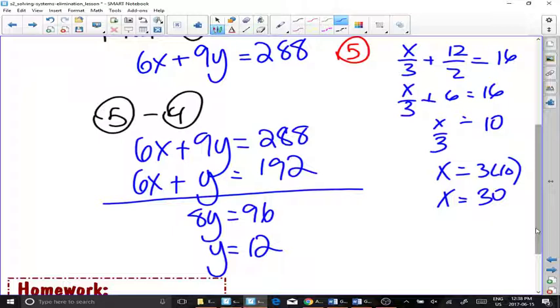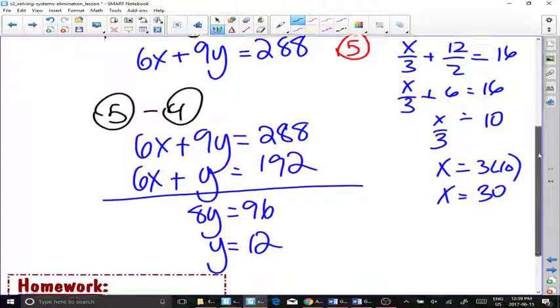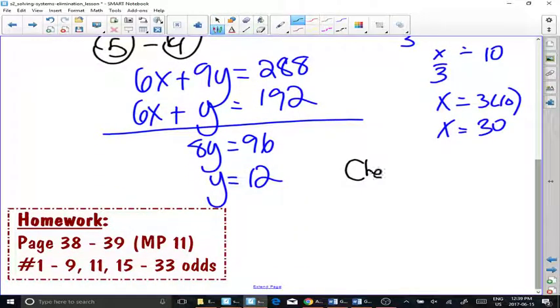That's what we have to check using equation 2. And that's our last step. So check the point 30, 12 using equation 2.